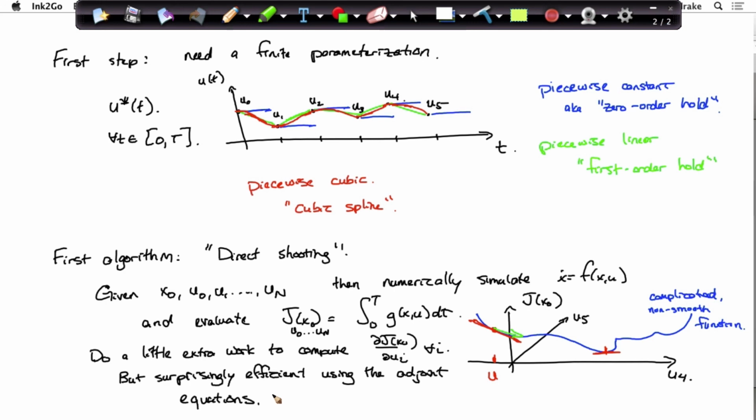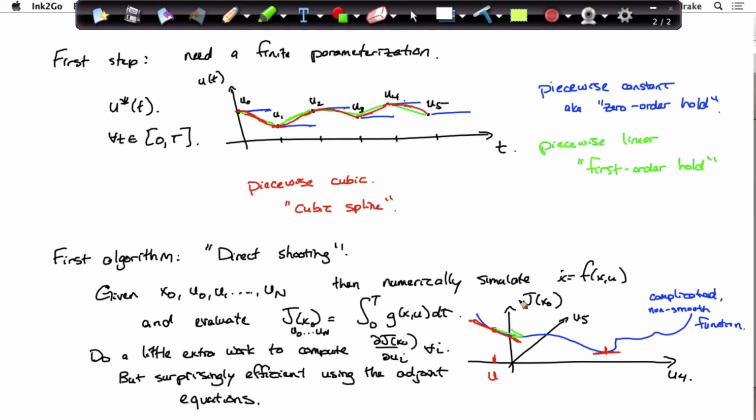Okay? So we can do a little extra work using the adjoint equations, and if you remember how those worked, I simulate forward to get my solution x, given x0 and u. I'll simulate forward to calculate x for the entire trajectory. And I'm going to simulate backwards these adjoint equations to get partial J partial u.